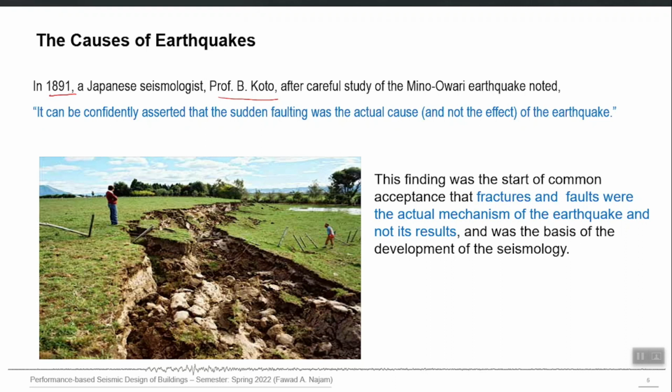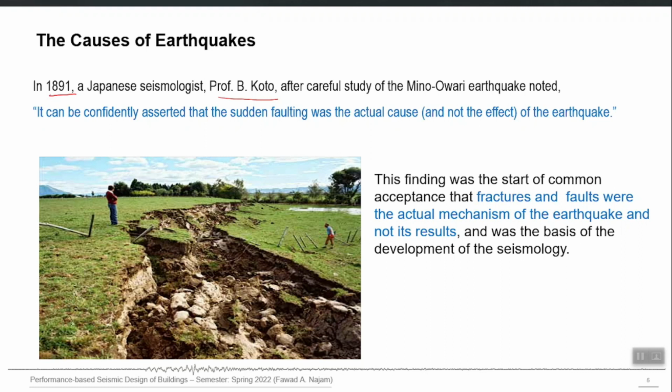So these deformations or movements which are visible from the surface are actually the cause of the earthquake and not the result of the earthquake. So this realization was the very first step toward rightly identifying the reasons for earthquakes, right?